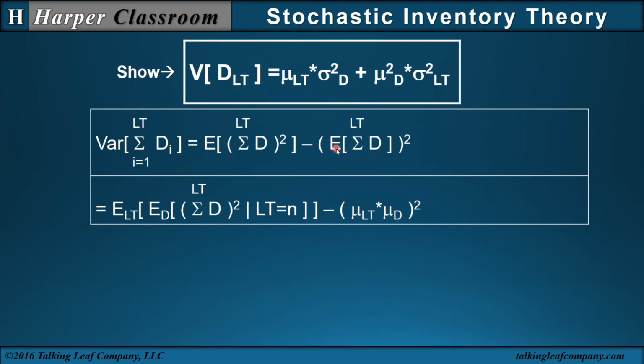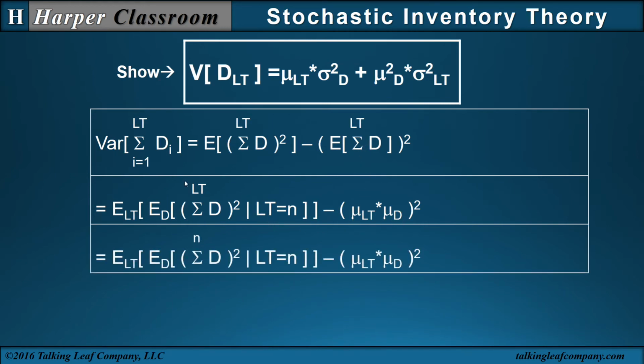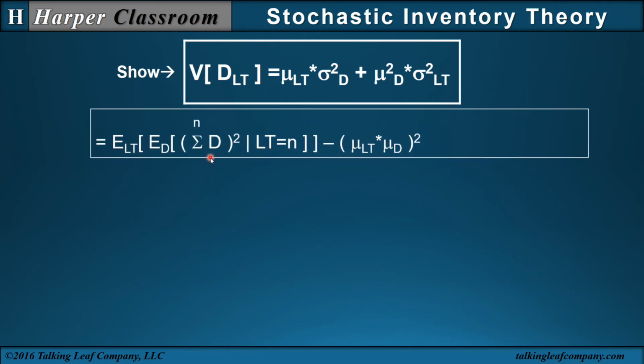Now this expression, the expectation of the demand over lead time, where both are random variables, we've just done that, and we've shown that that equals the product of the means. So we'll let the lead time be the constant n, and we take this expression and bring it up.